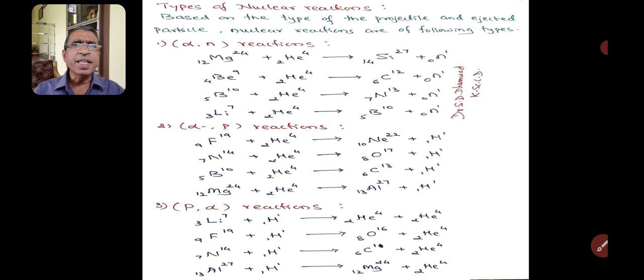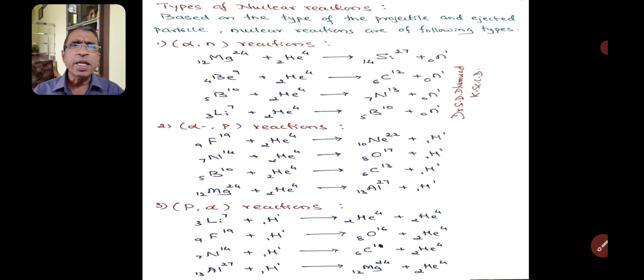The first one is alpha-N reactions. In an alpha-N reaction, the alpha particle is the projectile and a neutron is the ejected particle. The example is magnesium 12, 24 plus alpha particle gives silicon 14, 27 and neutron 0, 1.